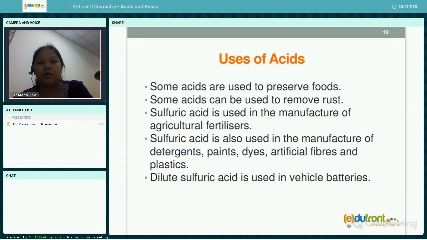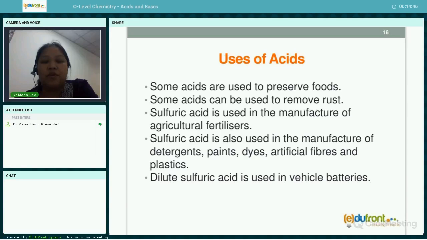Then of course we need to take a look at some of the uses of acids. Some acids are used to preserve food. For example, your pickles. Pickles are basically small cucumbers that are soaked in vinegar and preserved using acids. Then we also use acids to remove rust because acids are capable of reacting with iron trioxide, which is rust.